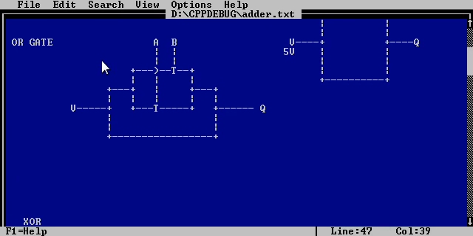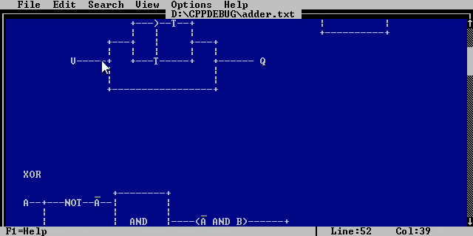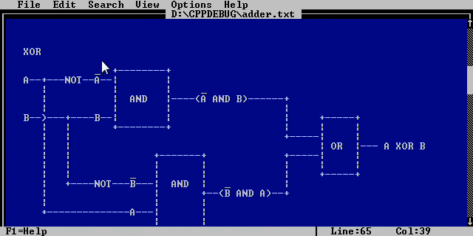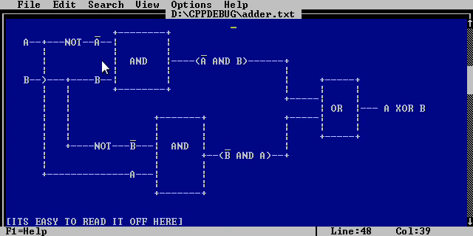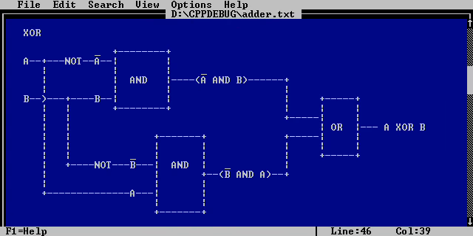What about XOR? I had some trouble with this one. Here's XOR, given what we already have. Here are our inputs, A and B. You take A and split it up into two things. In the first line here, you take not A. So if A is high, this one will be low.